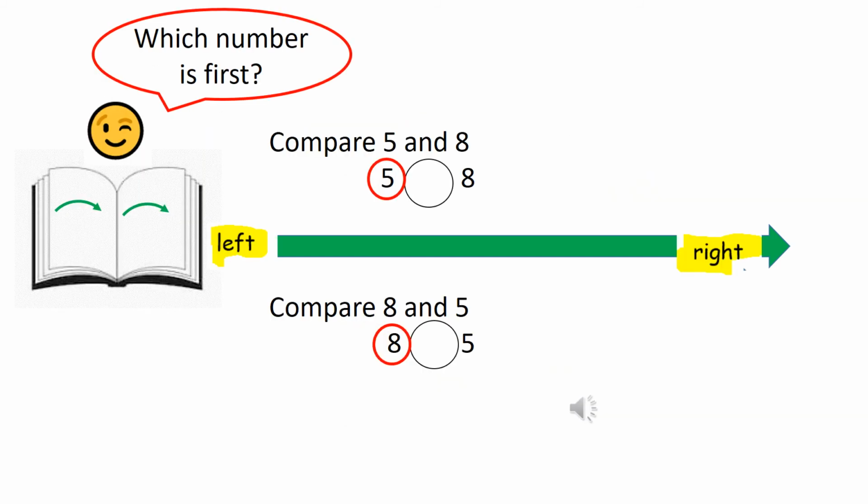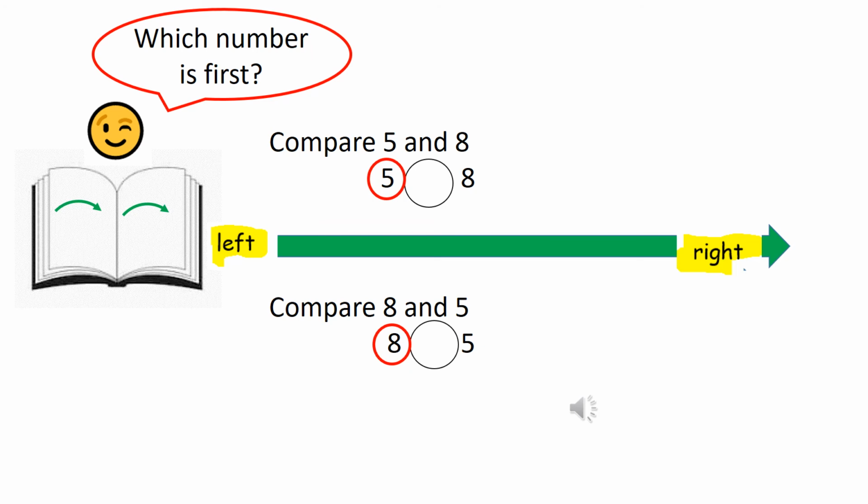The most important question that you ask yourself when you are comparing two numbers and when you are reading from left to right, the same way that we read words, ask yourself which number is first. So on the top of the green line, it says compare 5 and 8.